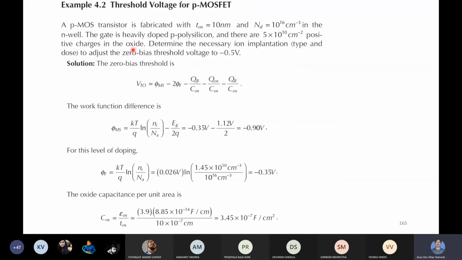Determine the necessary ion implantation type to adjust the zero bias threshold to this much.